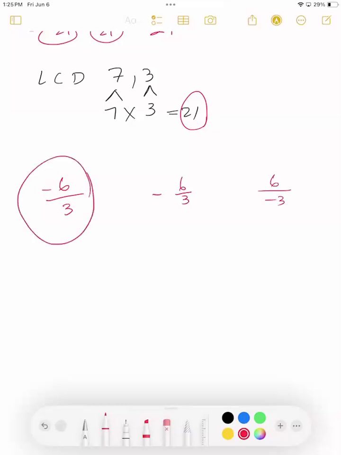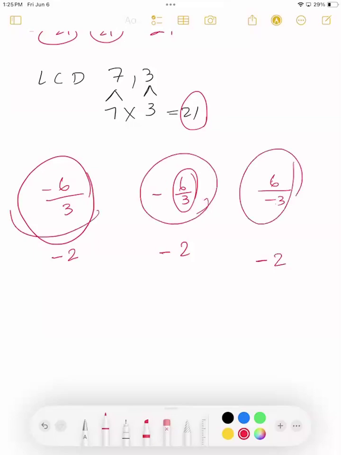Negative divided by positive is negative. 6 divided by 3 is 2, and you have a negative. Positive divided by negative is negative, and you get negative 2. So these three are the same thing. You could put your negative in the numerator, next to your fraction, or in the denominator, but we don't prefer this one.